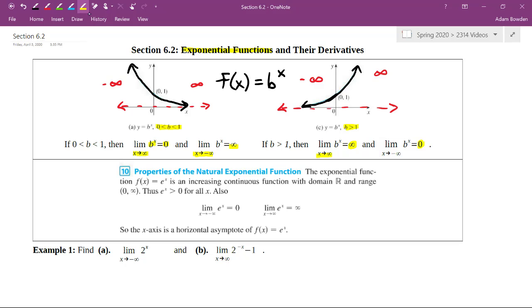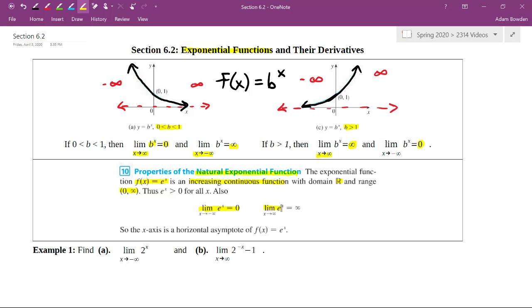So we had this type of exponential function, the so-called natural exponential function, which is f of x equals e to the x, and this is an increasing continuous function. The domain is all real numbers, and the range is 0 to infinity. And so the limit as x goes to negative infinity of e to the x is equal to 0, like we see for it up above.